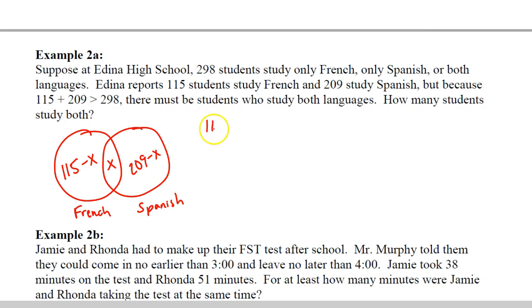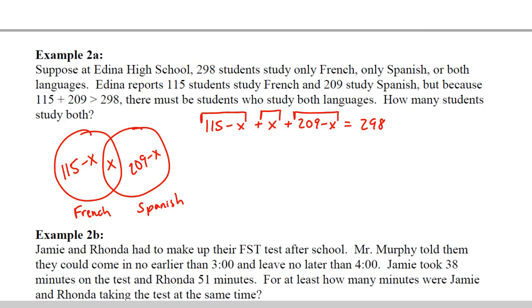We're going to say that those students that are only studying French, plus those students that are studying both languages, plus those students that are studying only Spanish are going to equal 298 students. So again, this is my French students, these are the students that are taking both, and these are my Spanish students.